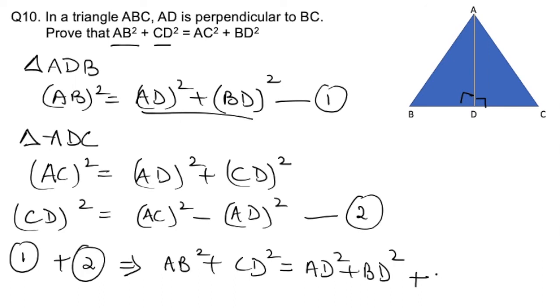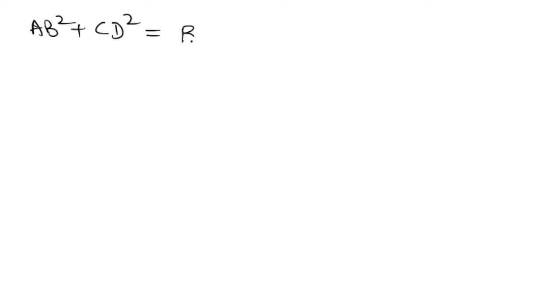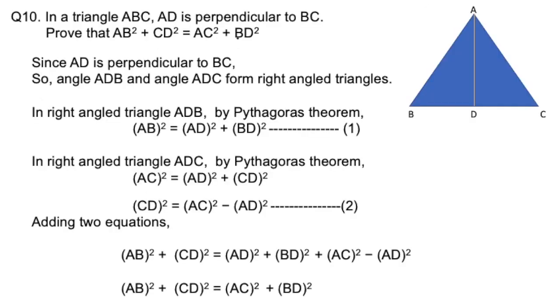And for equation 2 the right hand side is AC square minus AD square. Now clearly AD square and minus AD square can be cancelled here. So we are left with the result AB square plus CD square is equal to BD square plus AC square. So this was the result that we were supposed to prove as asked in the question.